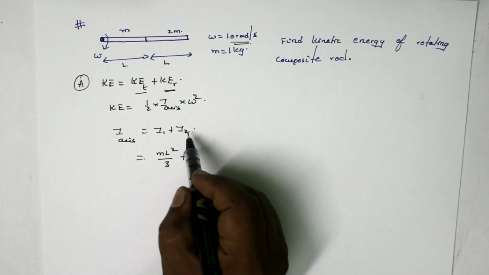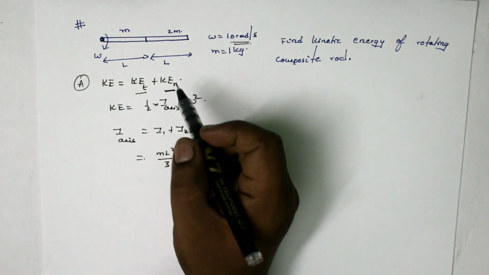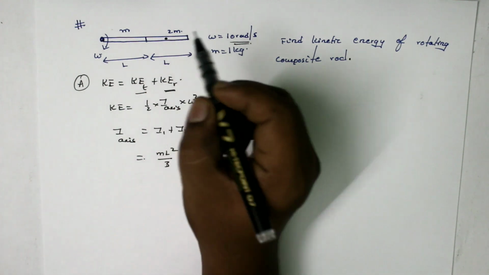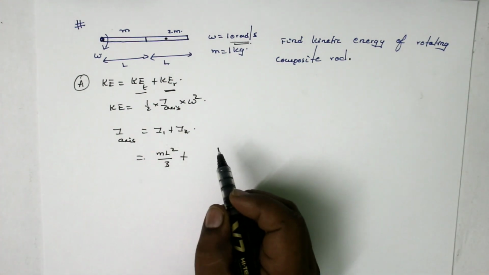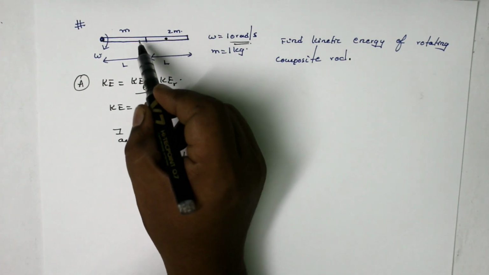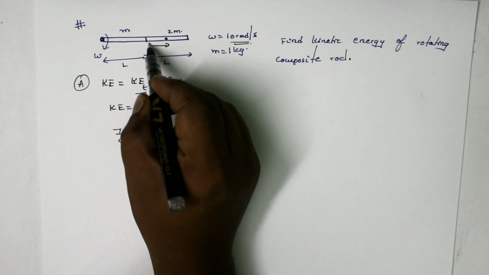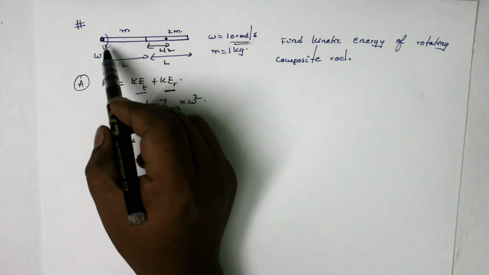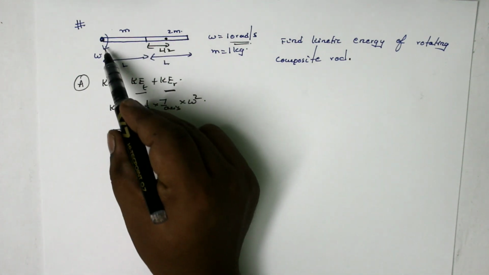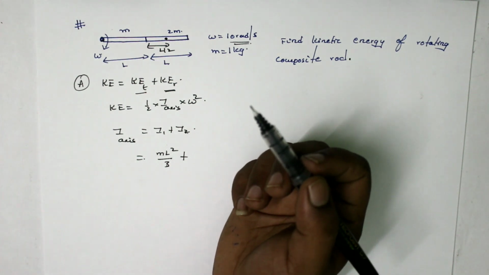Now for I2, the moment of inertia of the second rod, I have to use the parallel axis theorem. For the second rod, this is the center of mass, and around the center of mass the moment of inertia is ML square by 12. But the original axis of rotation is at a distance of L plus L by 2. So this distance is L by 2, and this distance is already given as L. So the new axis of rotation is at a distance of L plus L by 2, which equals 3L by 2.